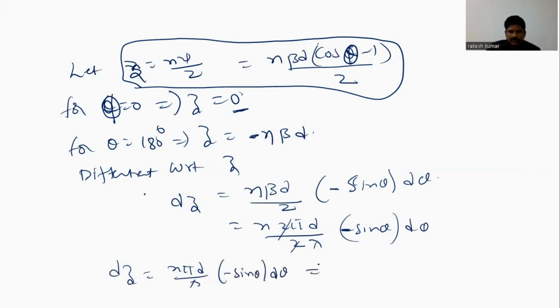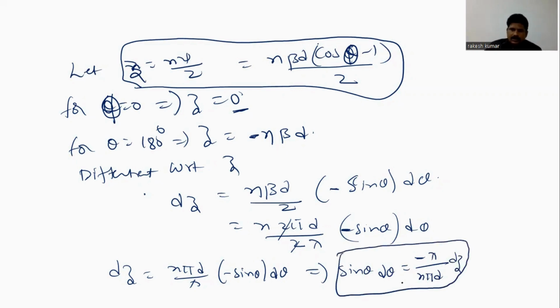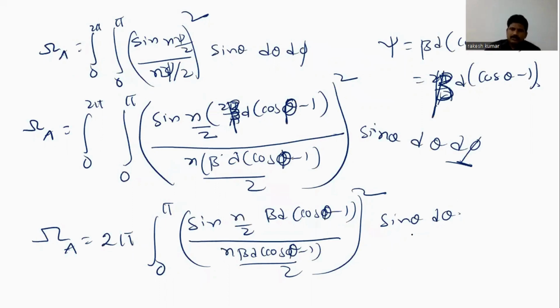This implies that in place of sin theta d theta, I can write minus lambda by n pi d into dz. So this is very, very important. Sin theta d theta, I can replace in this expression, and I can change the limits also.